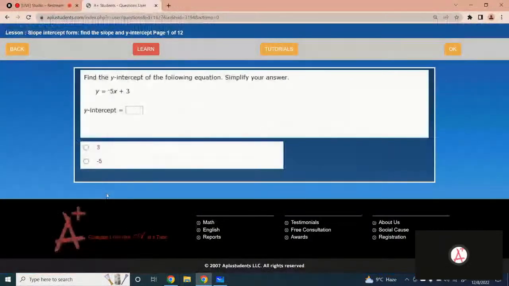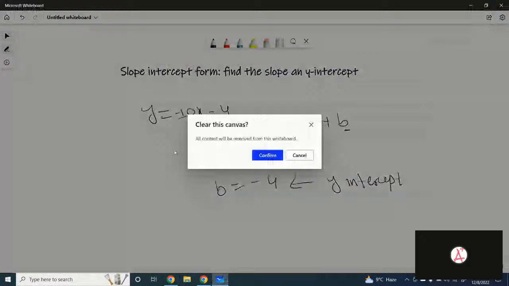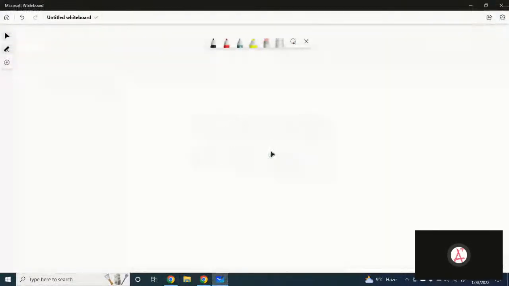Okay, find the y-intercept of the equation. The equation is y equals -5x plus 3. Got it? You have two ways to find the y-intercept.